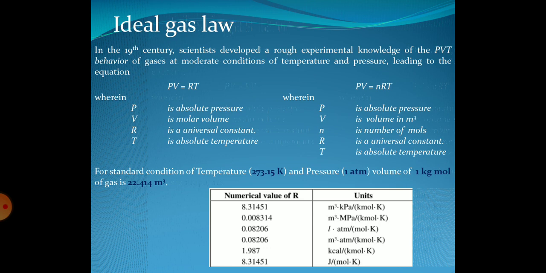So in this way we can use the numerical value of R to find out the unknown amongst the pressure, volume, number of moles and temperature. Okay, no doubt we are going to cover some numericals in the next presentation. Let's move forward.